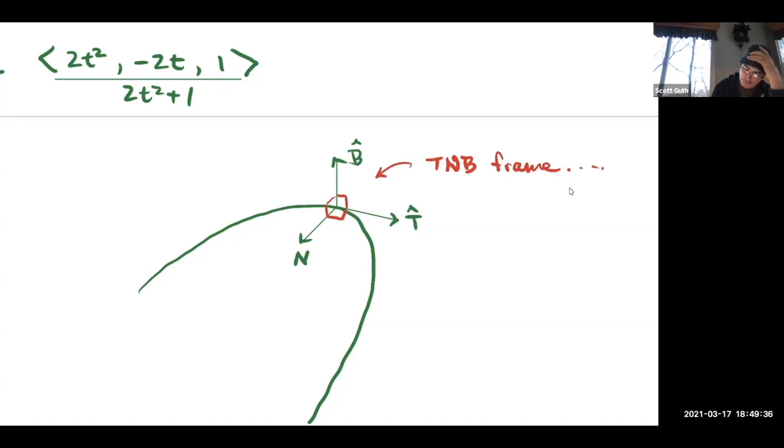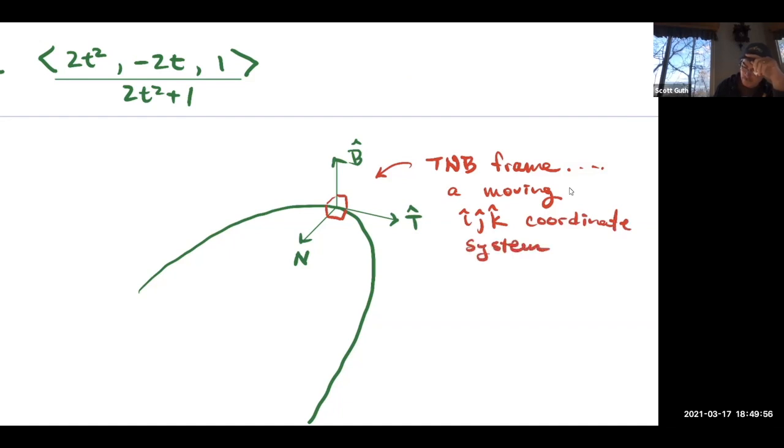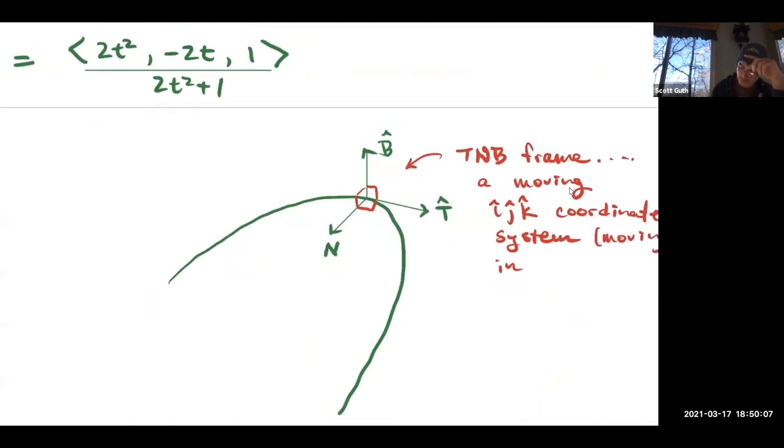It's basically a moving I, J, K coordinate system, meaning it moves in time, because everything's a function of t. And that turns out to be a super powerful thing.